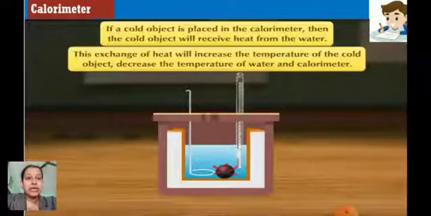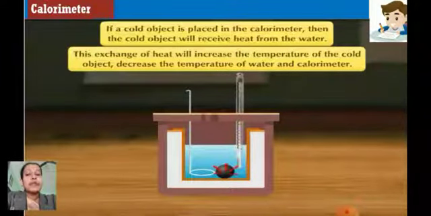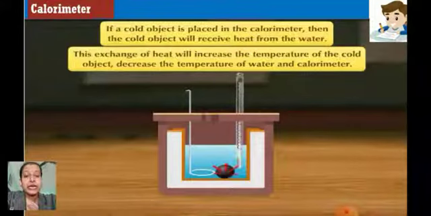Now, instead of keeping a hot object, suppose we place a cold object inside the calorimeter. Then the cold object will receive heat from the water and the calorimeter, till all three become equal. So exchange of heat is taking place here also. The ball is made cool, that means it is frozen and kept inside.